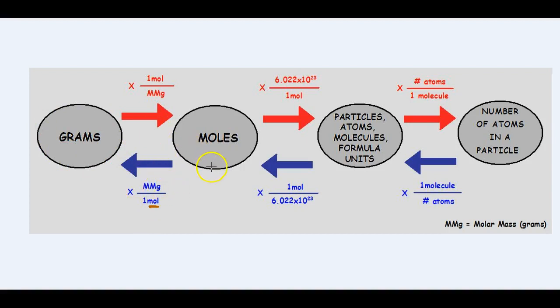So if we want to go from moles to grams, we're going to put the molar mass, that's what that MM stands for, the molar mass in grams, that's from the periodic table, on the top, and then we'll just put 1 mole on the bottom because 1 mole is equal to the molar mass from the periodic table.